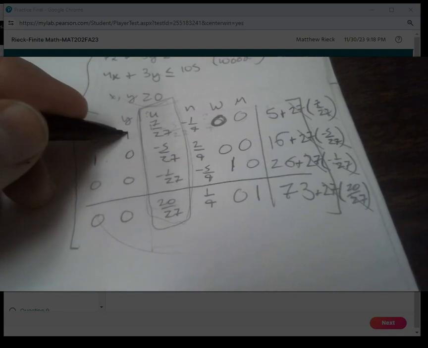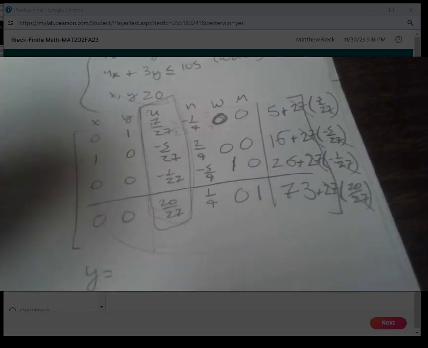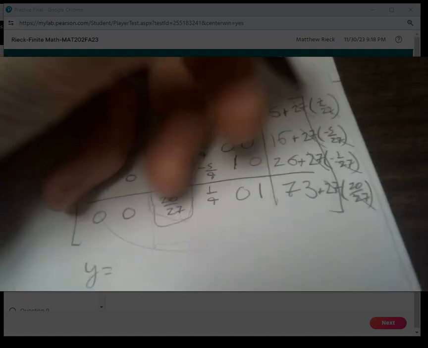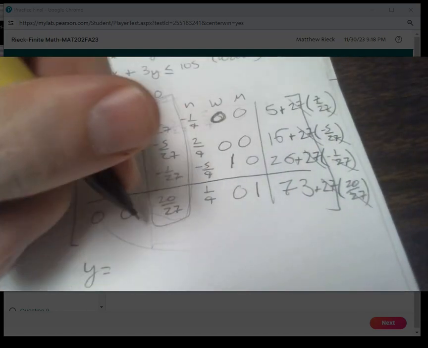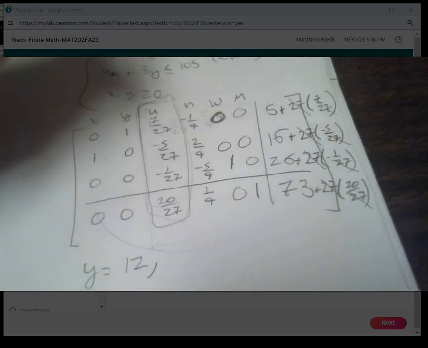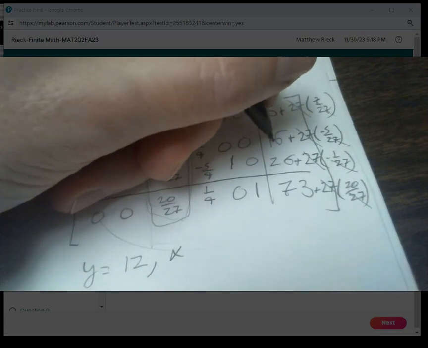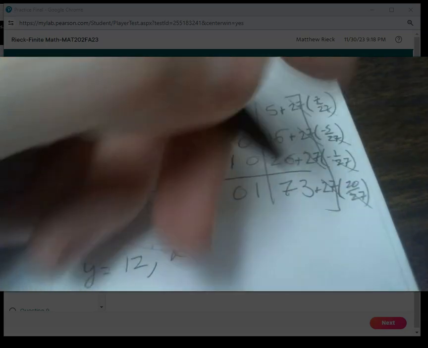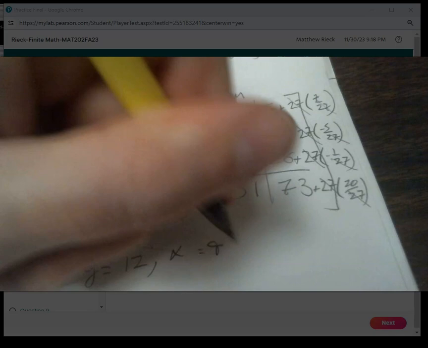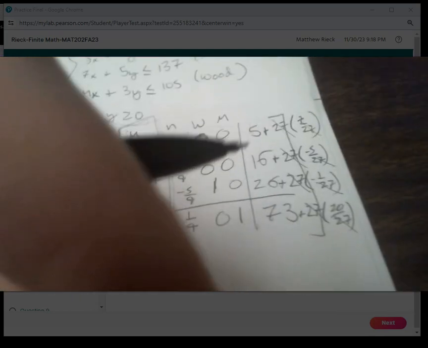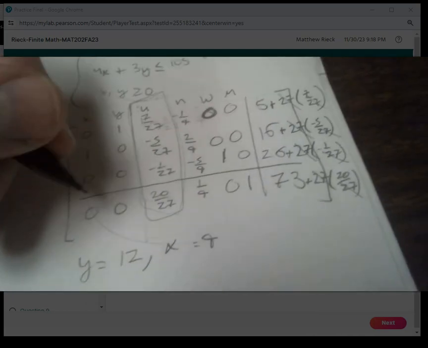So y corresponds to my first column. We have y is going to be 5 plus 7, which is 12. X corresponds to my second row here. So we have 16 plus a negative 5, so 16 minus 5 is going to be 9. I don't really care about the slack variables.